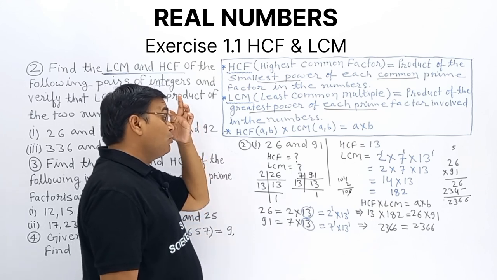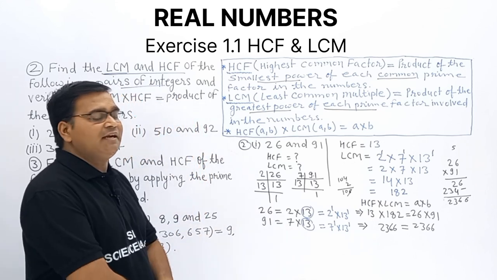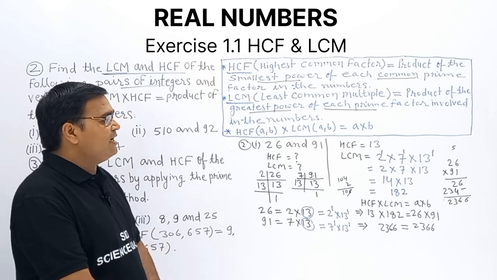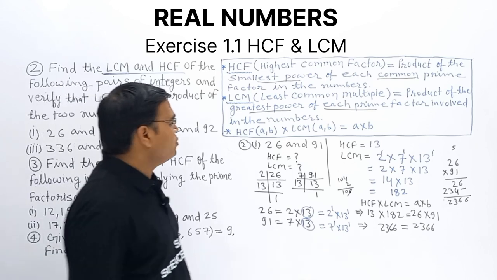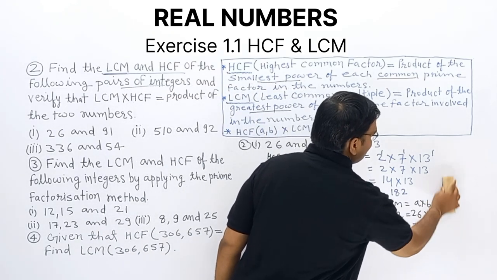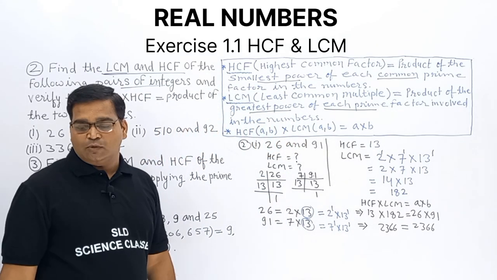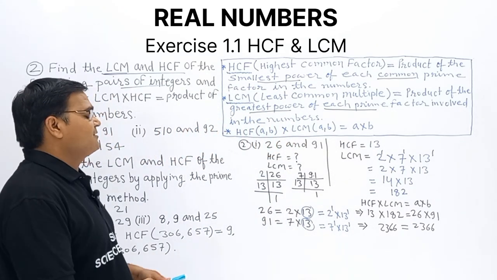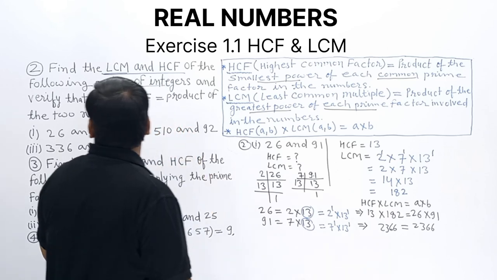and LCM is 182. Observe, I am again revising what we are doing in this question and how we are solving it. If you know the starting questions well, then you can solve other questions easily. In this question, what is given?